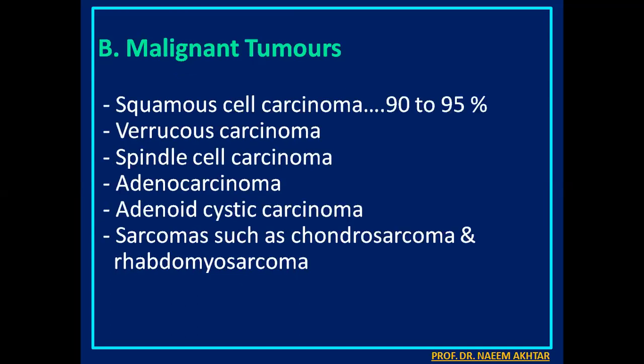In malignant tumors, we have squamous cell carcinoma, which is around 90 to 95% of the cases. Then, apart from this squamous cell carcinoma, we have verrucous carcinoma, spindle cell carcinoma, adenocarcinoma, adenoid cystic carcinoma, and sarcomas such as chondrosarcoma and rhabdomyosarcoma.